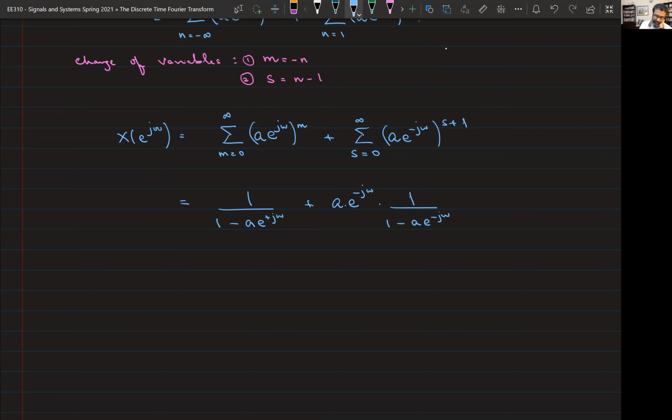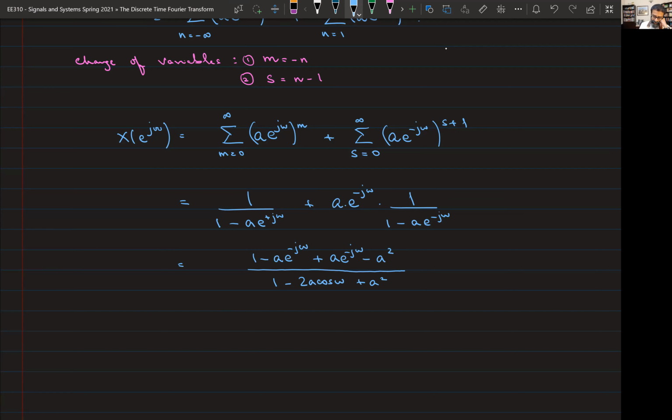Okay, and I can simplify this further. If I multiply the denominators, I'm going to get 1 minus 2a cosine omega plus a squared. I'm writing this out directly because this is exactly the calculation that we did up above in example 1. This is 1 minus a e raised to power minus j omega plus a e raised to power minus j omega minus a squared.